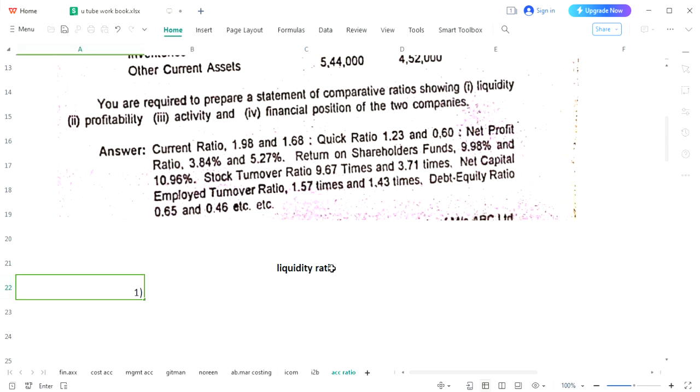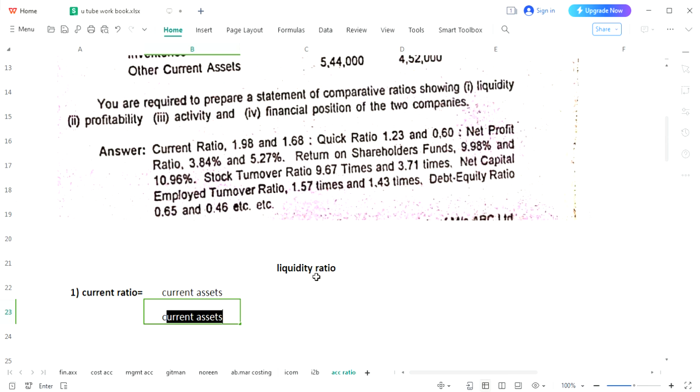First is current ratio, and as usual you have a complete idea how to calculate current ratio. For that you need current assets and then you need current liabilities. When you divide your current assets over current liabilities, you will get your current ratio.